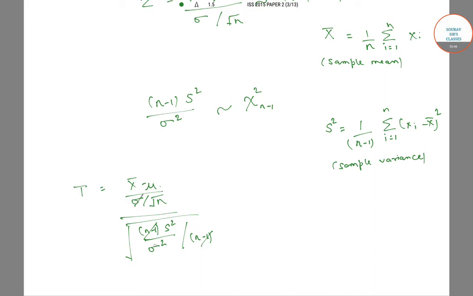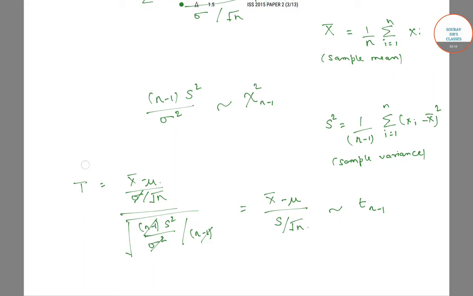Sigma will cancel out each other, because when the sigma square comes out of the square root, it becomes sigma, and the sigma will cancel out. So this is equal to x bar minus mu divided by s divided by root n. Now it follows t distribution with degrees of freedom n minus 1.